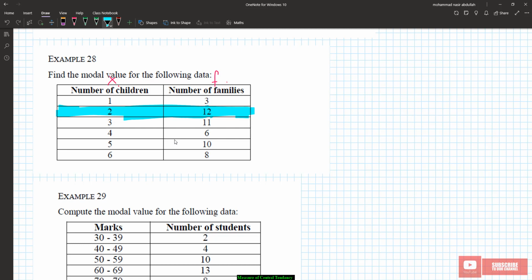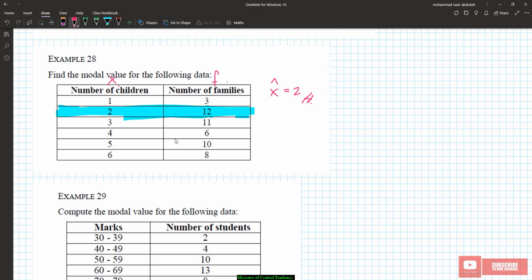So this is the modal class. Since we don't have class intervals and we don't have the class size, the mode should be equal to 2. Most of the families have 2 children. This is how we interpret it: mode equals 2, most of the families have 2 children.